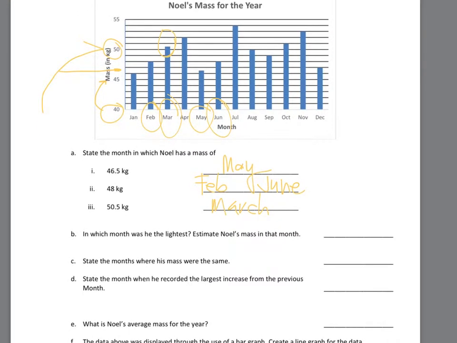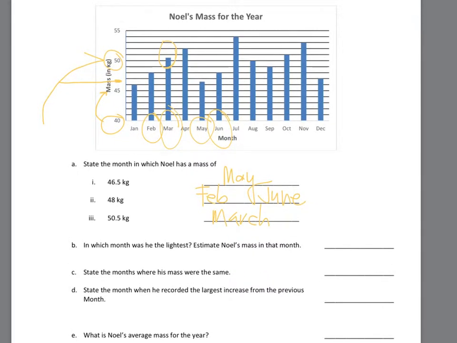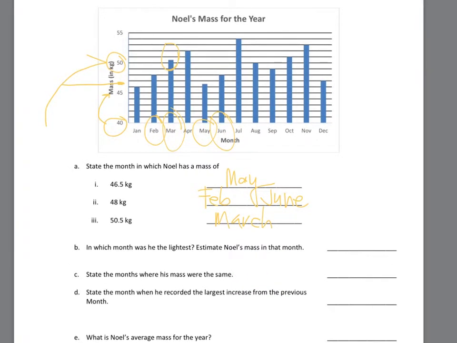Okay, the next question is, in which month was he the lightest? It means the smallest value in terms of the mass. Look at the graph and you will see that happened in January, when he had 46 kilograms of mass.